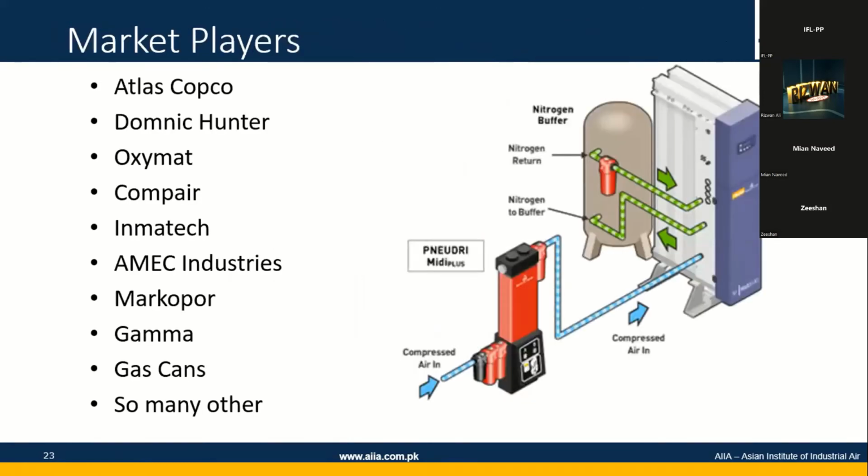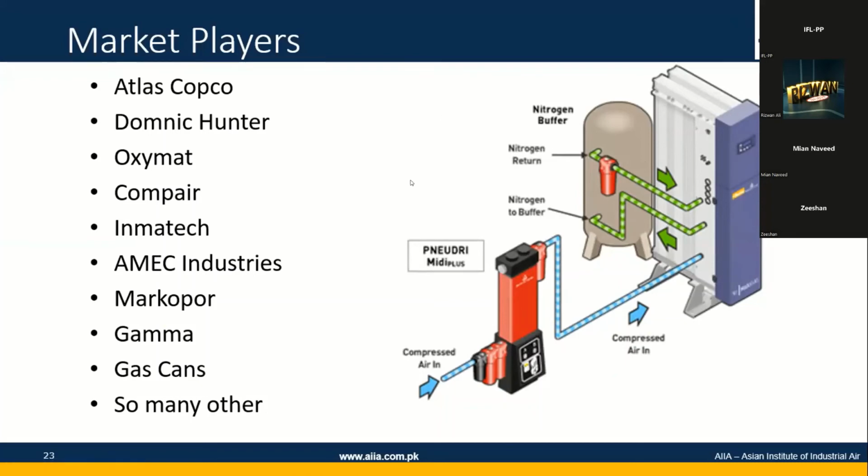So let's talk about the existing market players who are manufacturing nitrogen generators. Atlas Copco, Domnick Hunter, Oxymat, Compare, Inmatec. These are the European manufacturers. And then you can see AMEC Industries, Marcopor.